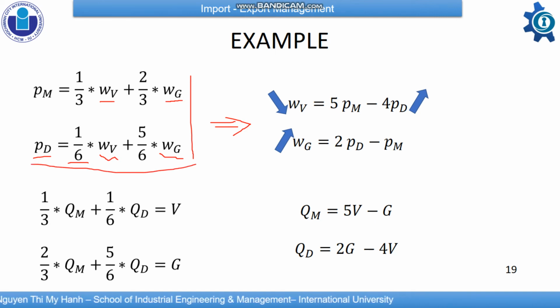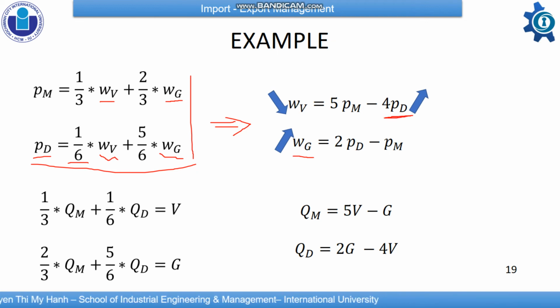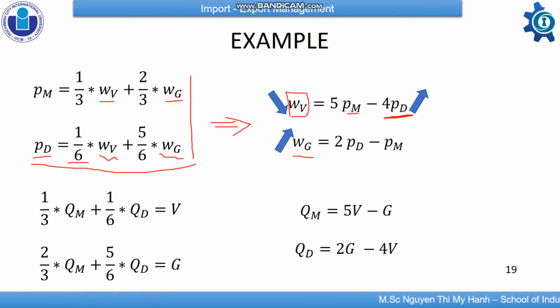Then we have the wage for vermouth equal to 5pm minus 4pd, and the wage of our gin equal to 2pd minus pm. So through this formula, we can see the relationship between the price of the products, regular martini and dry martini, with the wage of the materials vermouth and gin.